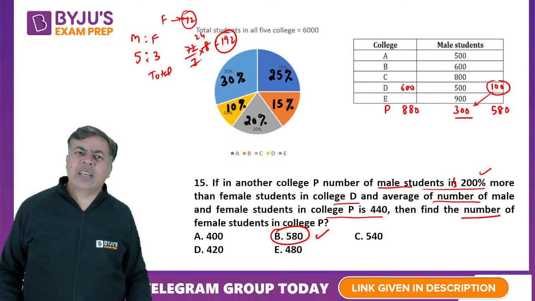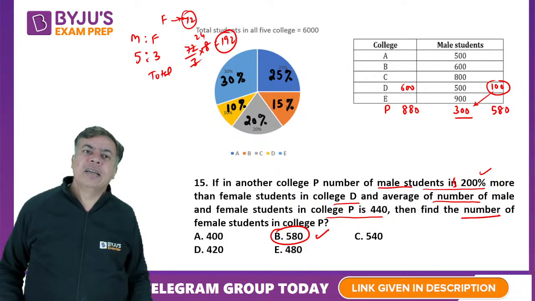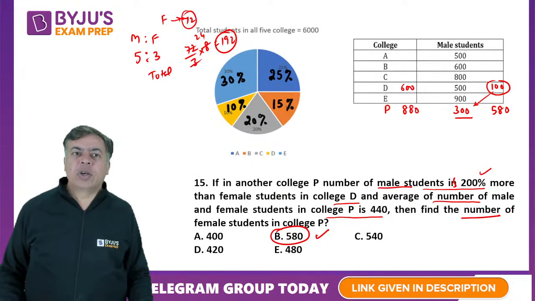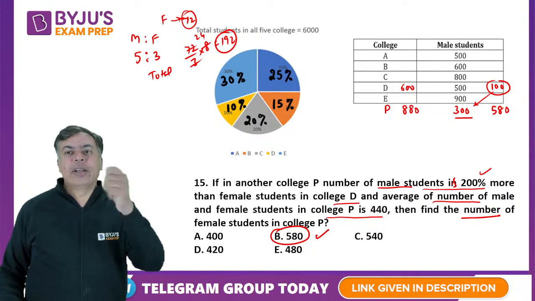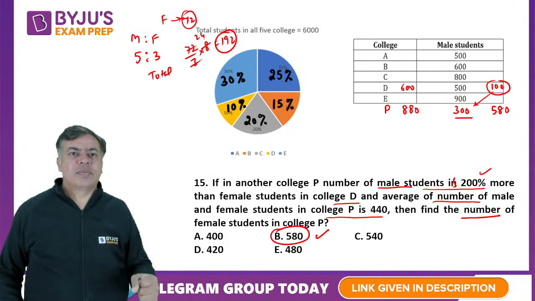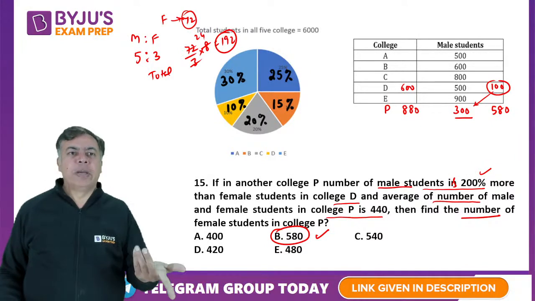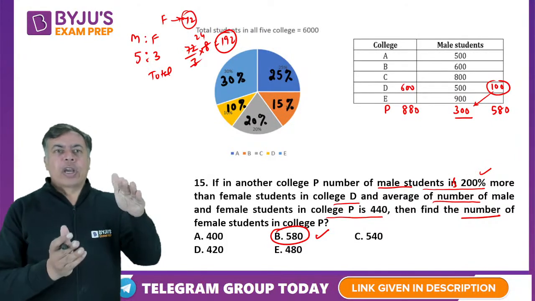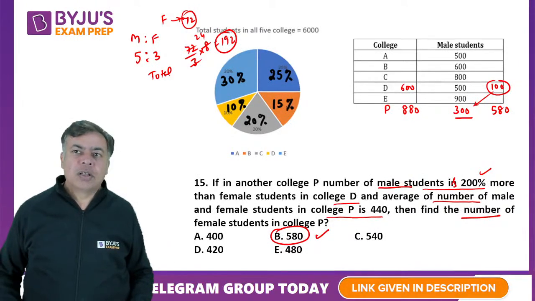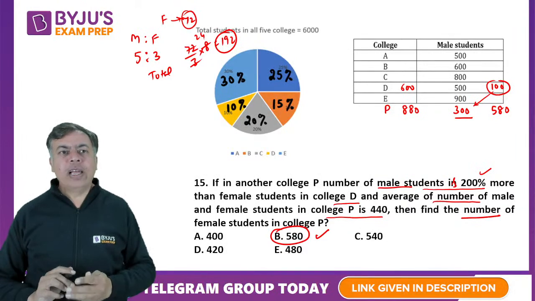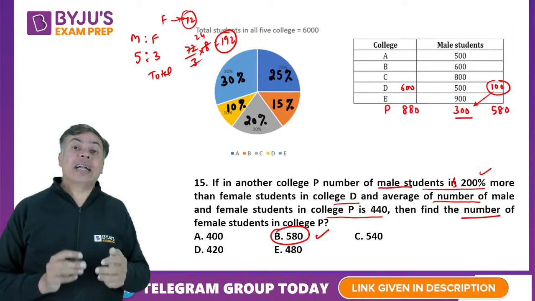Only in one question I felt that it would take more than 1 minute, but generally it will not, if you are good at calculations and practice, because DI is all about handling those calculations smartly. They will ask the average of 6 or 7 values, and you need to handle that smartly.